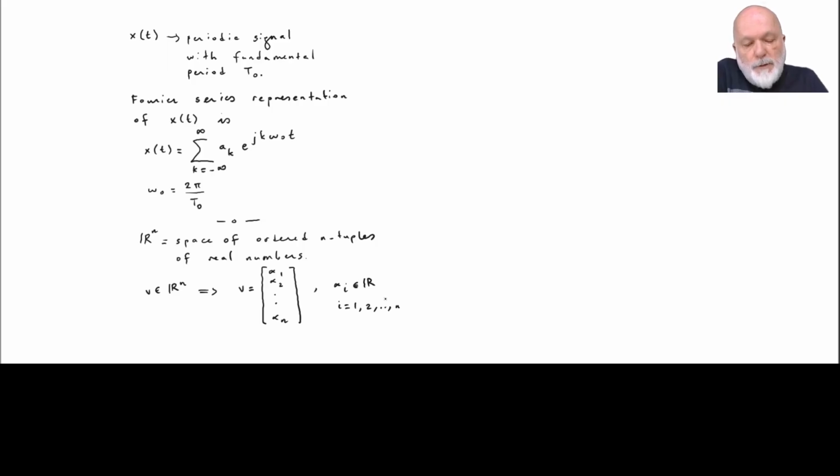Now, we can similarly define the space of ordered n-tuples of complex numbers as the vector space Cn.